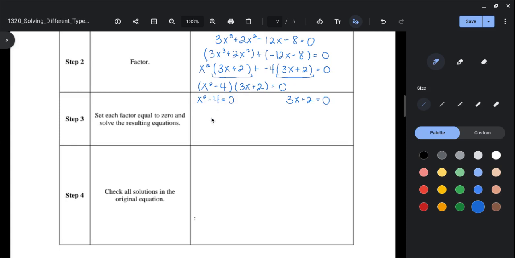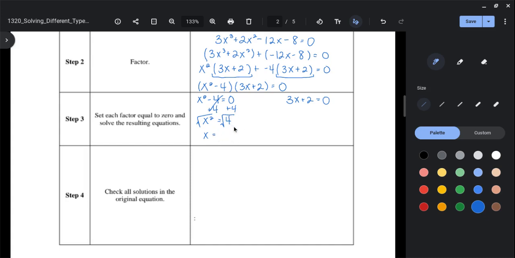First thing I want to do is get my x's all by themselves. So I have to get rid of this negative 4. To do so, I add 4 to both sides. So then we get 0 with our x squared. And then on the right-hand side, we have 0 plus 4 is 4. I then am going to square root both sides so that I can get rid of this square on my x. So then on the left, we're left with x.